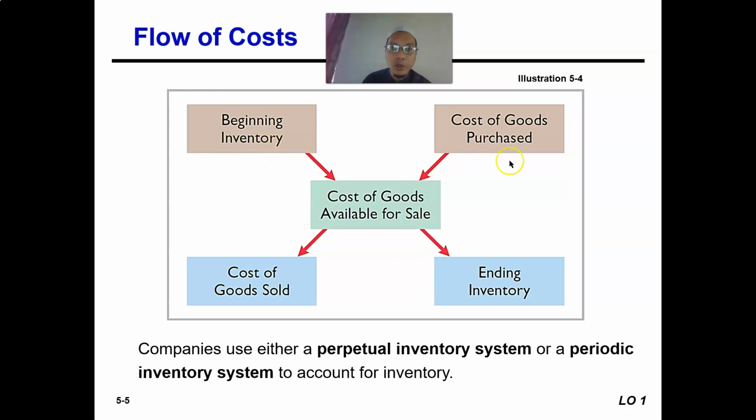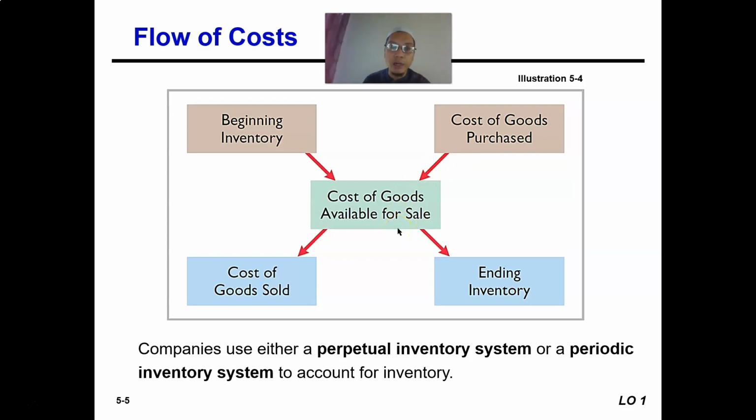We add that to the cost of goods purchased, which includes the purchase amount, and then minus the purchase discount and purchase allowance. So when we add the beginning inventory with the purchases, we get the cost of goods available for sale, because we have a beginning inventory and we add that with the things that we have recently bought.